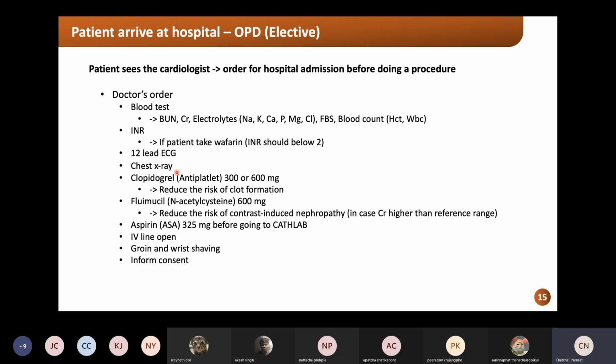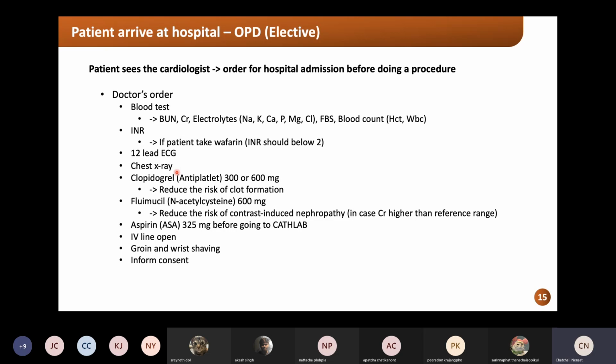So normally, when the patient has to go to the cath lab, especially for CAG and PCI, the INR should be below 2, and normally people not over... I'm not sure about the exact reference value, but anyway, if the patient has to do the procedure, the INR value should be below 2.